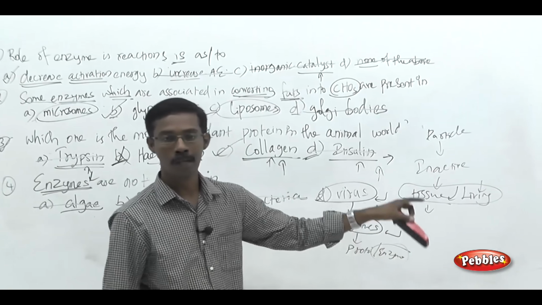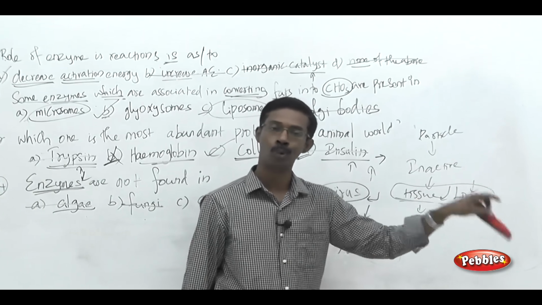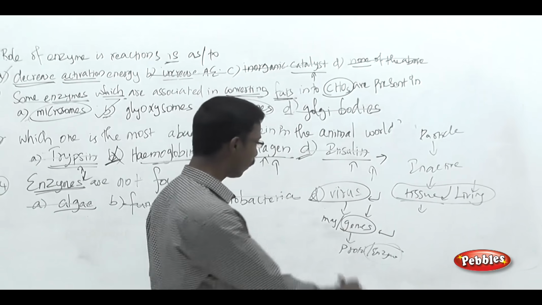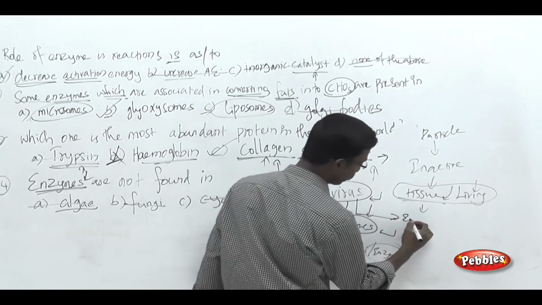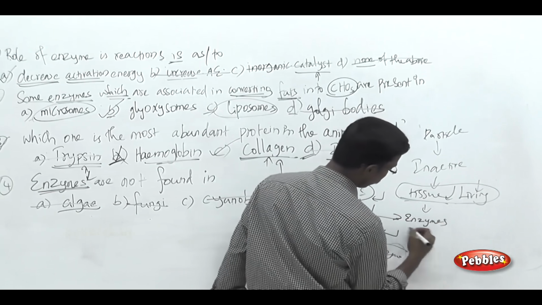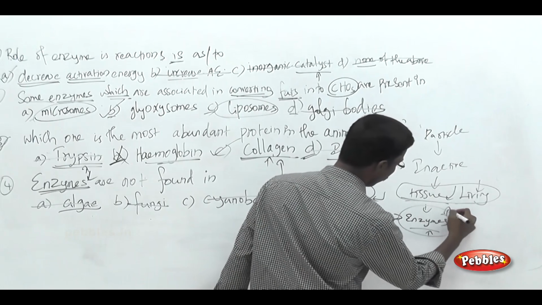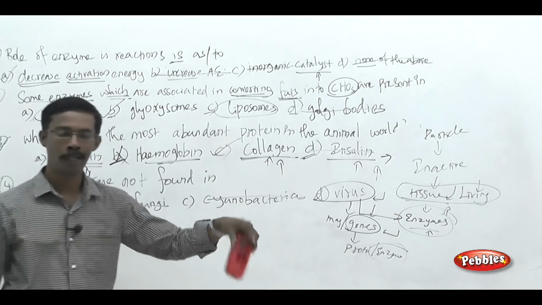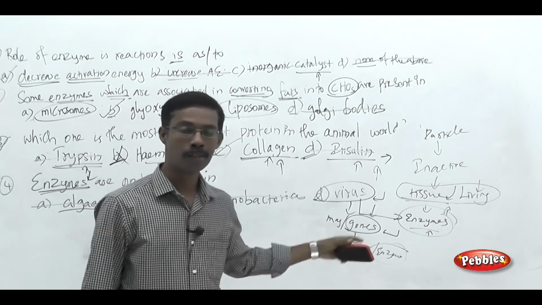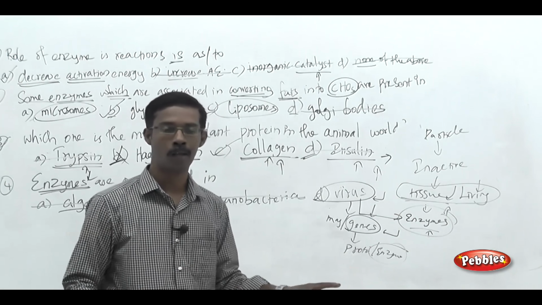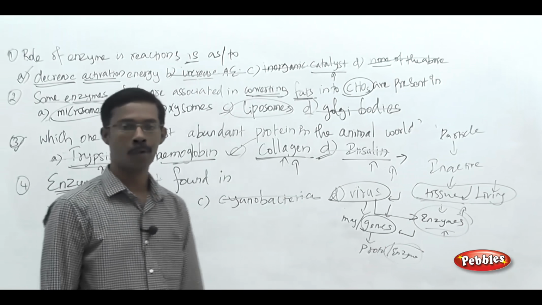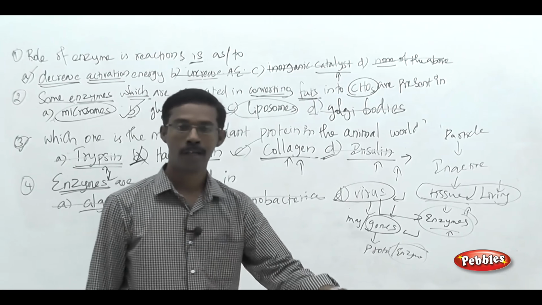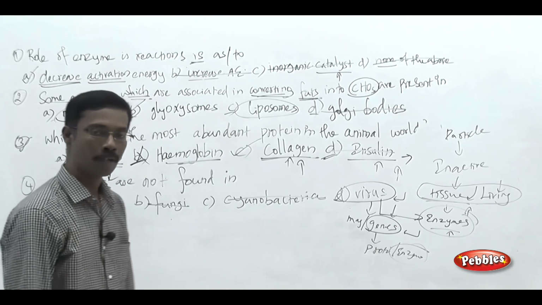Within a living cell, by using the living cell's own protein synthetic mechanism, this virus will synthesize the particular enzyme. Okay, with the help of the enzyme, it will make the virus particles so that it will multiply within the living cell. Then it will lyse the living cell and come out and infect, or it will enter into the other infective cycle.